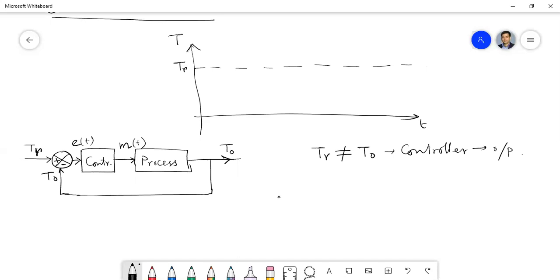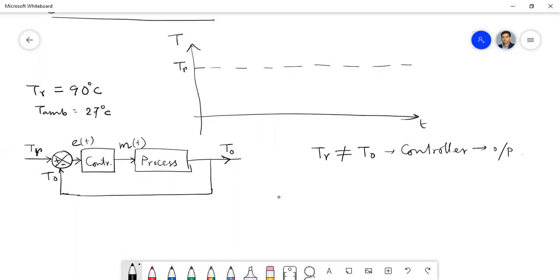Suppose this TR, the reference temperature, is 90 degrees Celsius, and ambient temperature is 27 degrees Celsius. So initially your process temperature T0 is also 27 degrees Celsius, if the process is cold enough.